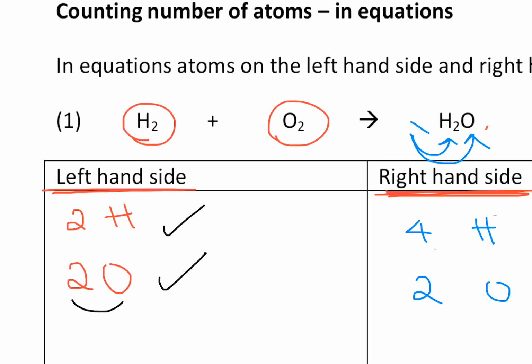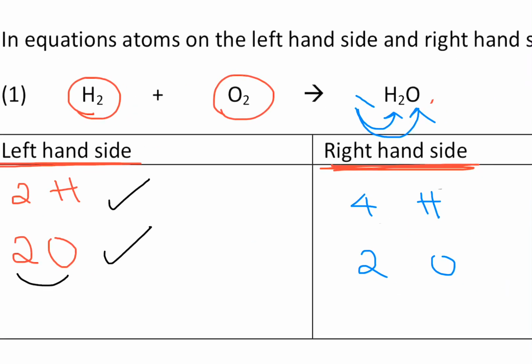Let me see on the left-hand side. Now the number of oxygen is balanced, but the number of hydrogen is not. So I will need to make this become 4. How do I multiply 2 to make it become 4? I'll need to multiply by 2.